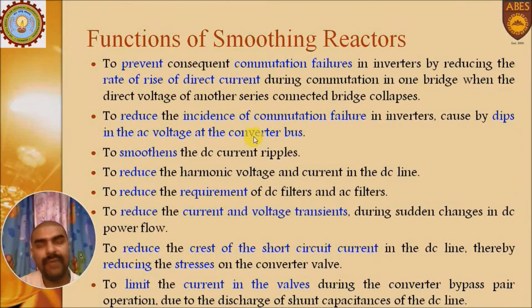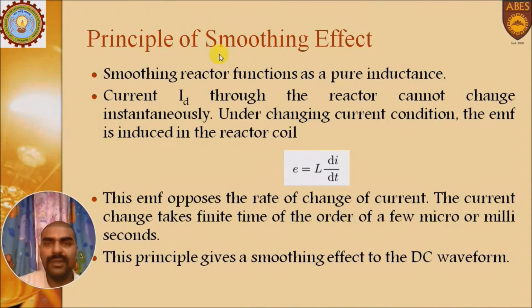Now, how is this smoothing reactor performing its function? As we all know, these smoothing reactors are pure inductance, and the current through that pure inductance is Id or I. If that current is changing, then the induced EMF will be E equal to L di by dt, and this induced EMF opposes the rate of change of current.